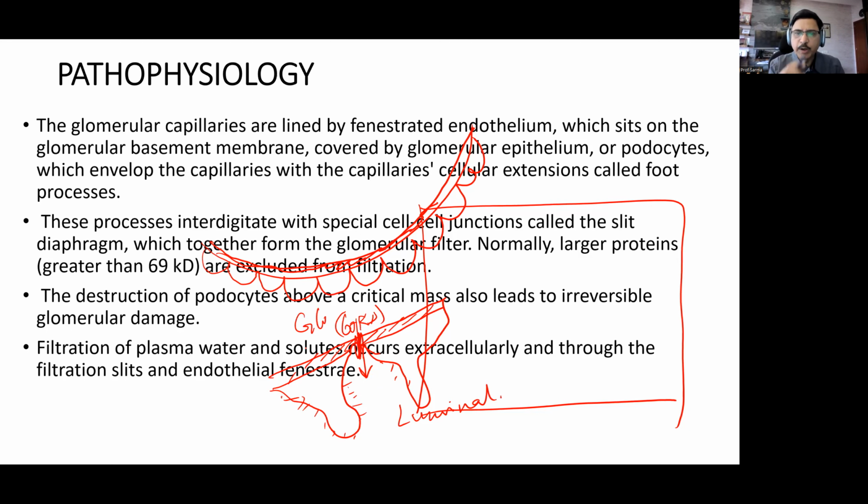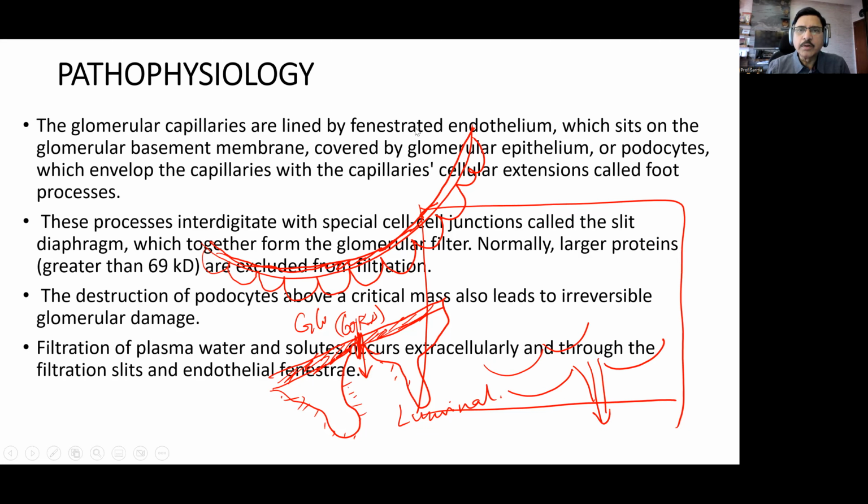Okay. Now, what happens in nephrotic syndrome is that the basement membrane is damaged and the podocytes are separated. Instead of being close to one another, there will be a gap between the podocytes and leakage of protein through that. Large molecules are allowed to leak through. This diagram would have been very helpful for you to understand what exactly is going on.